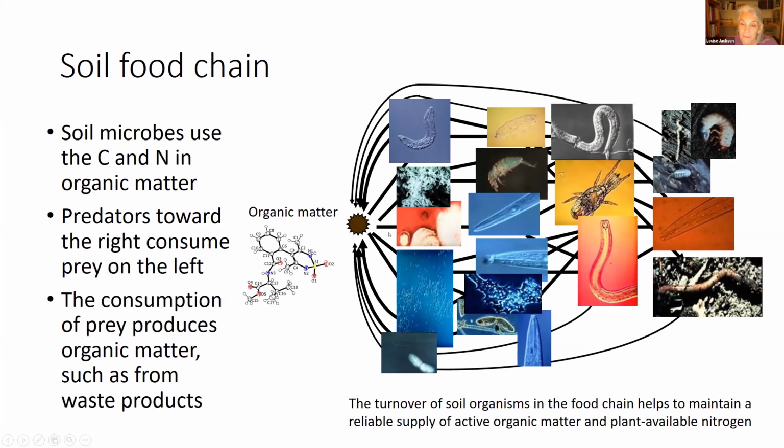The arrows are really important. And what I just described is carbon and nitrogen going from the microbes to the higher trophic levels. But when these organisms are consuming their prey, there are waste materials, for example, that contribute back to the organic matter.